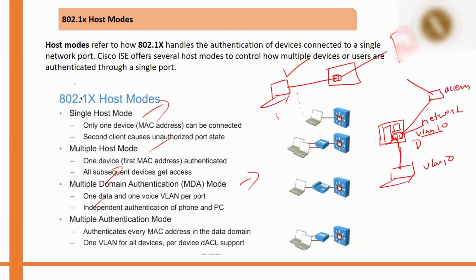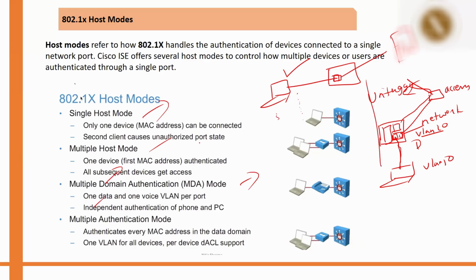How is it possible? You use the concept of tagging and untagging. Whenever the packet goes from the voice, that is the IP phone, it goes as an untagged packet. When the packet goes from the workstation or a PC, it goes as a tagged packet. That is the reason it allows both VLAN domains here.